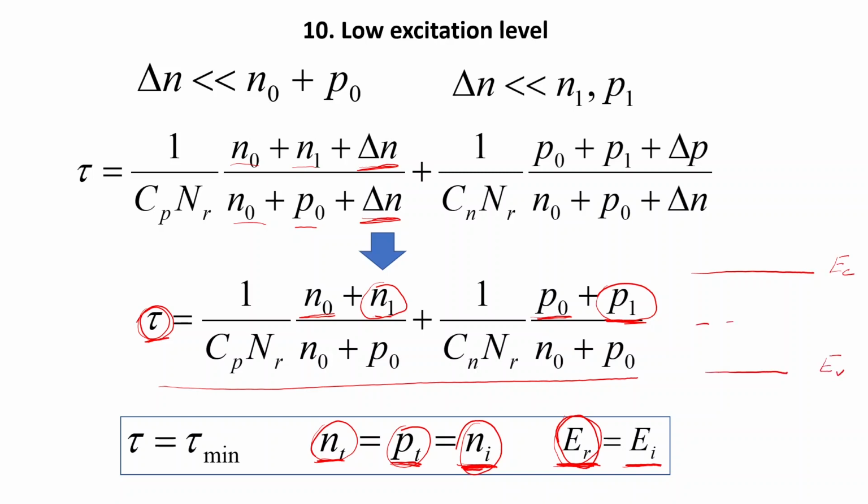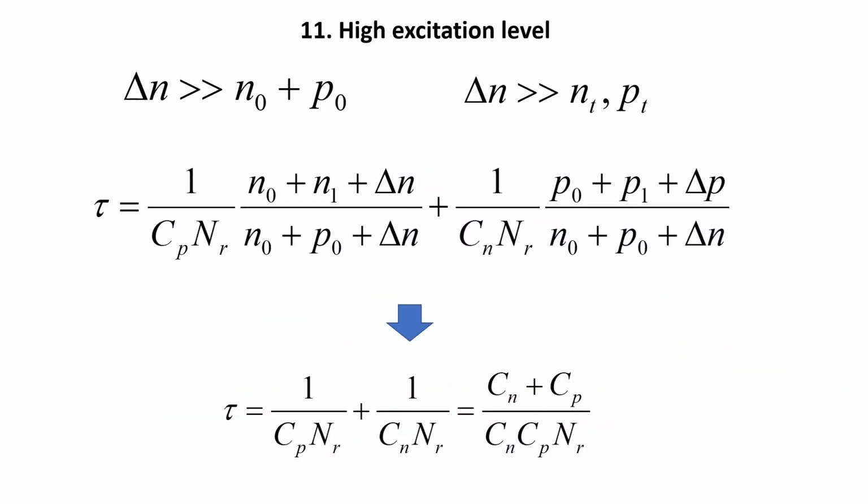So if we place some defect or doping atom inside the semiconductor, which creates an energy level placed in the middle of the band gap, this energy level will work as the most efficient recombination center and will make the biggest contribution to total net recombination rate via this trap-assisted mechanism. Okay, so this is important, keep this in mind, don't forget about this.